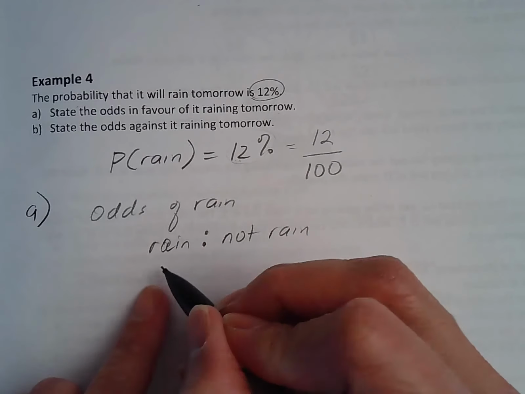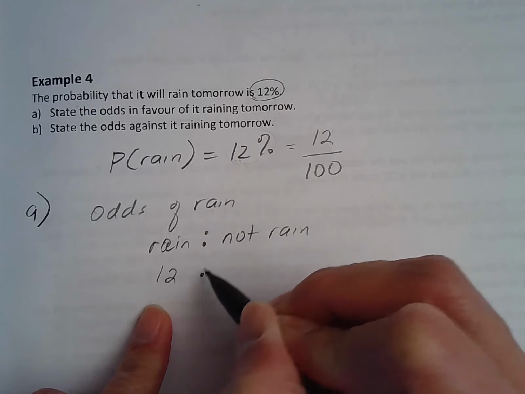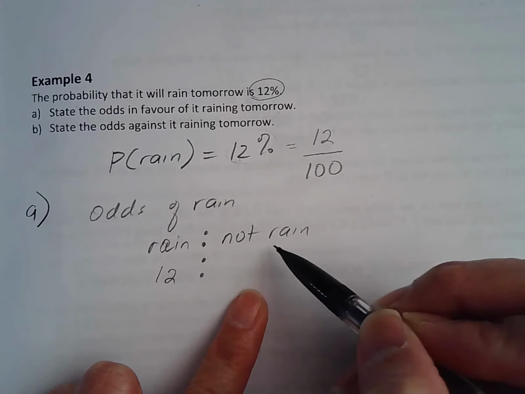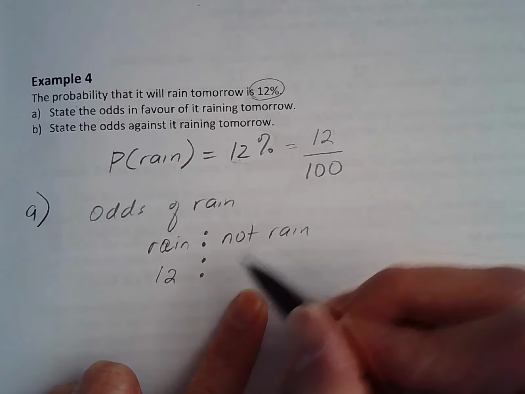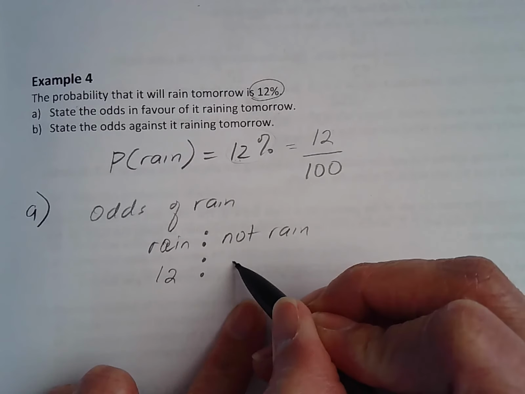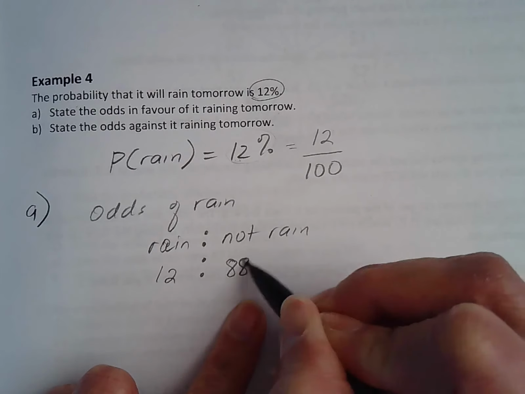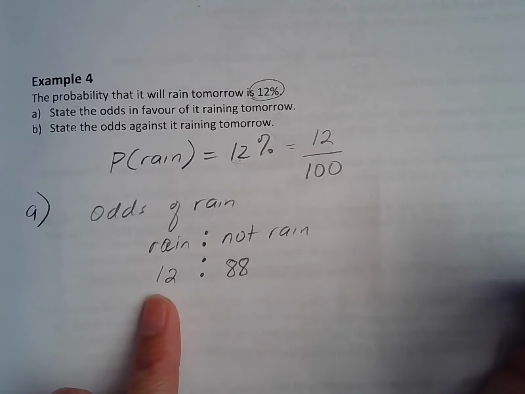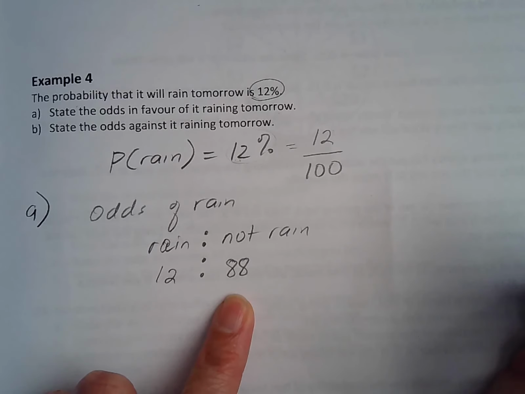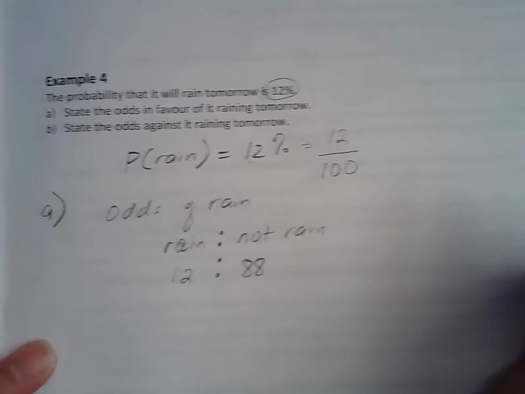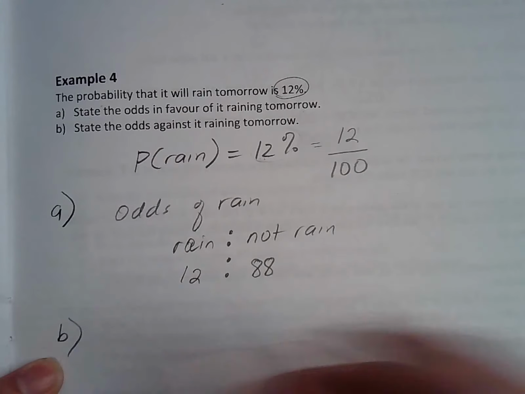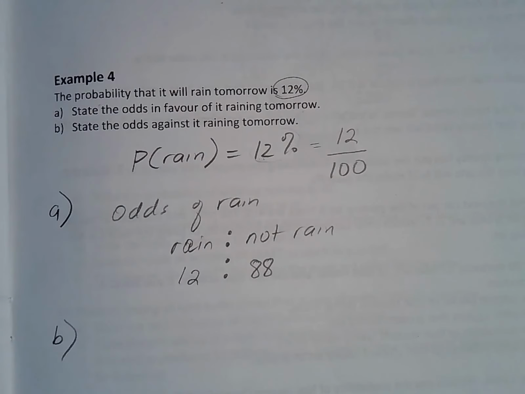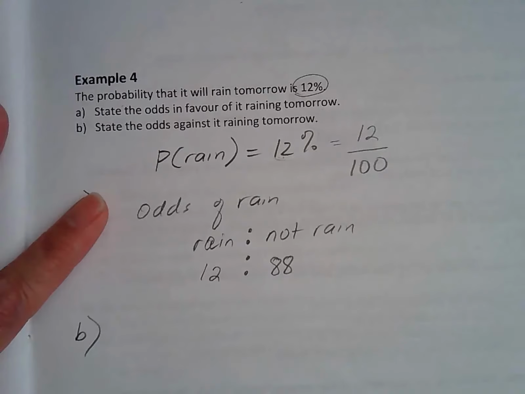It would be 12 is to, how many days will it not rain? That gives us the 88. Okay, 12 is to 88. Is everybody okay with that one? That creates the whole thing.